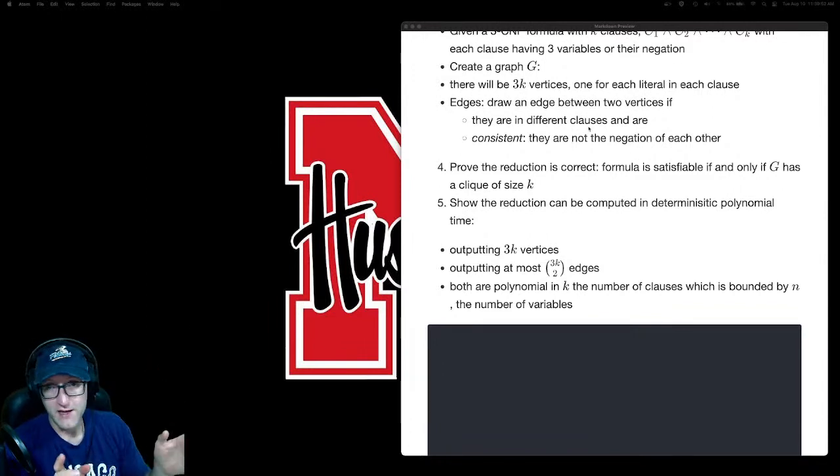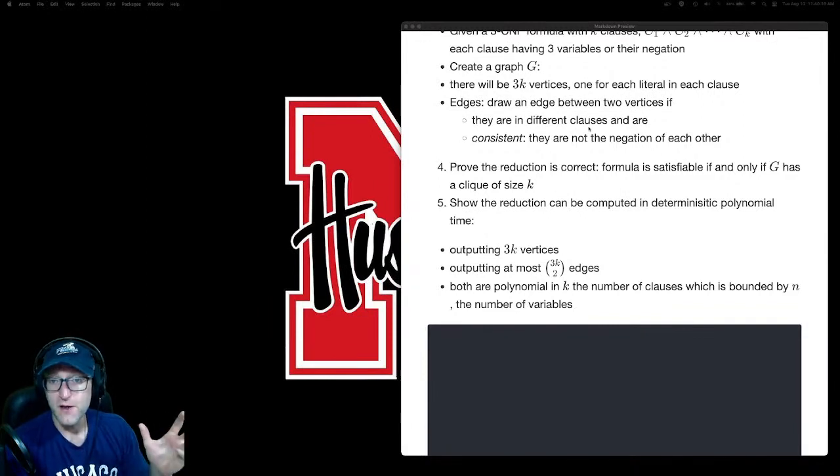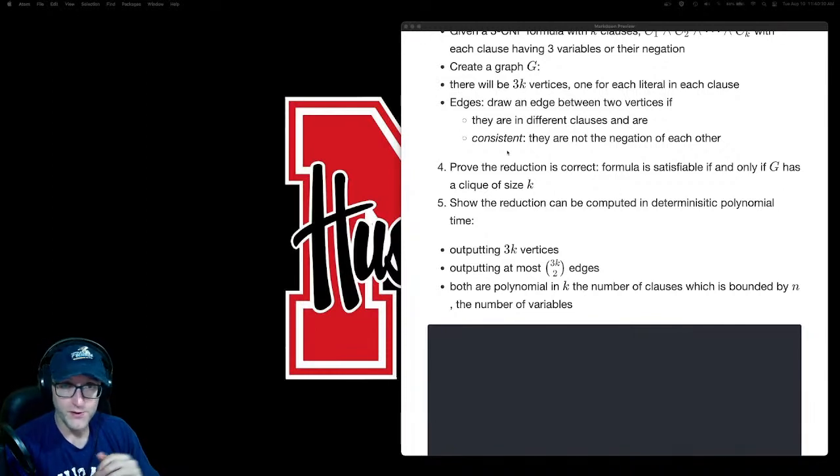If there is a satisfying assignment, then there's going to be at least one literal that's true in each clause. That means that by definition of this drawing of the edges here, they're going to necessarily be connected in the graph itself. If you want the full proof, of course, it's in the lecture notes.